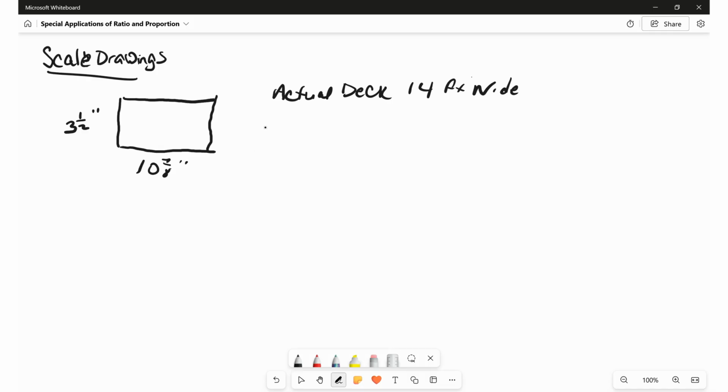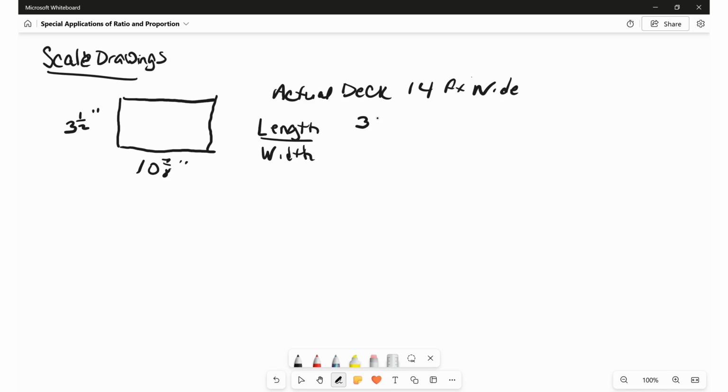But right now, we can create the ratio of length to width. And when we create this ratio, we really don't need to do any converting of measurements. We can just go with what we've got.